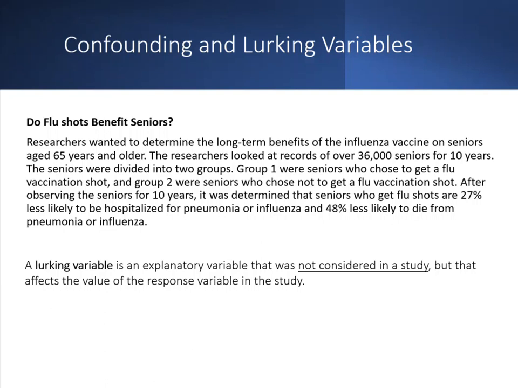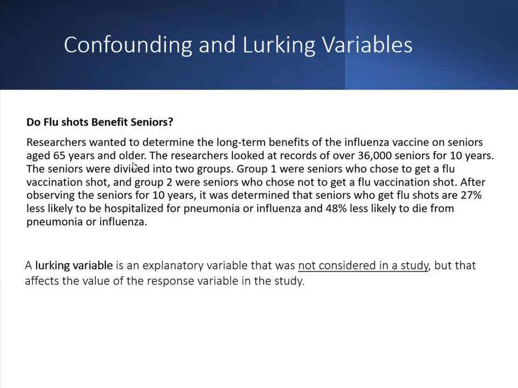One of the things we could consider would be the age of the participants. It says here that we're looking at seniors that were 65 years and older. Well, I would probably argue that the age of a 65-year-old versus, I don't know, maybe an 85 or a 90-year-old senior could be different.